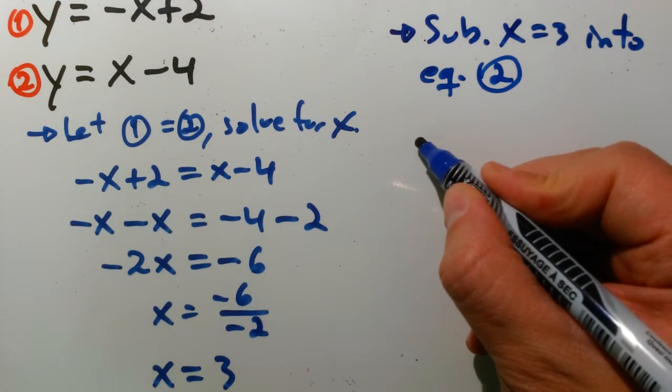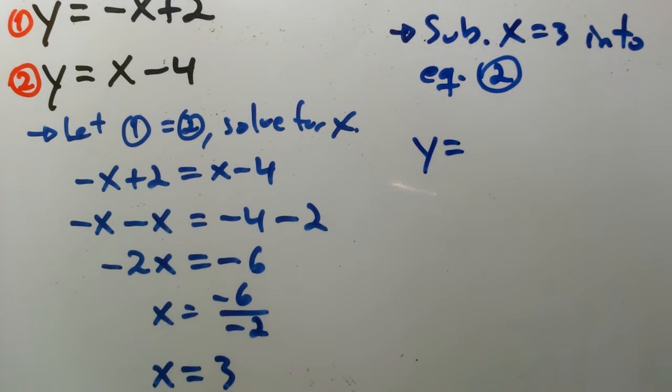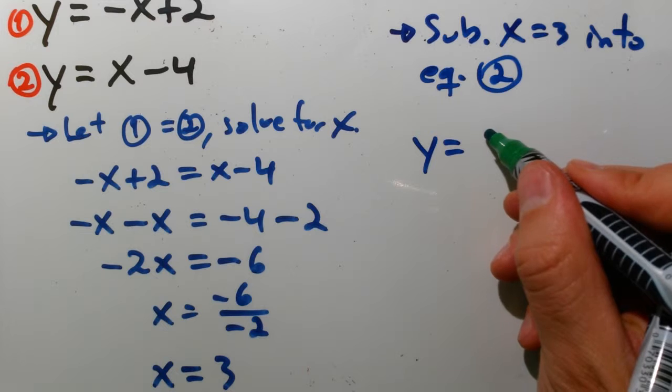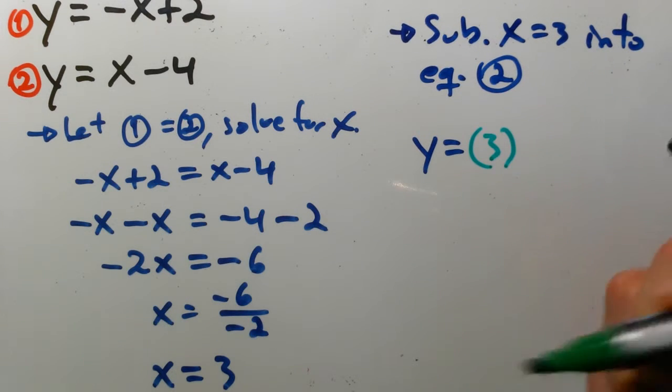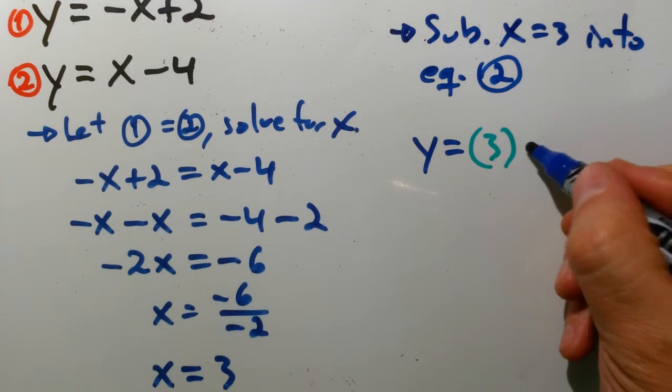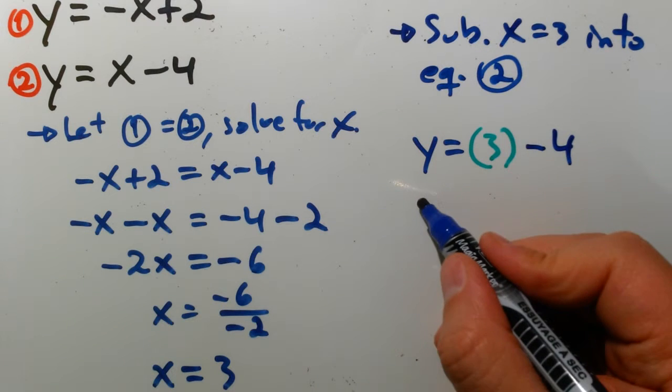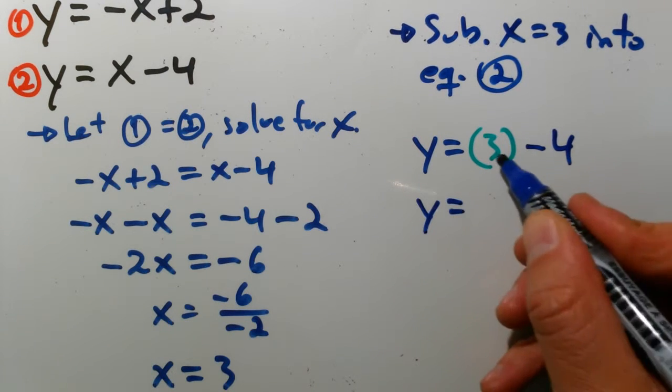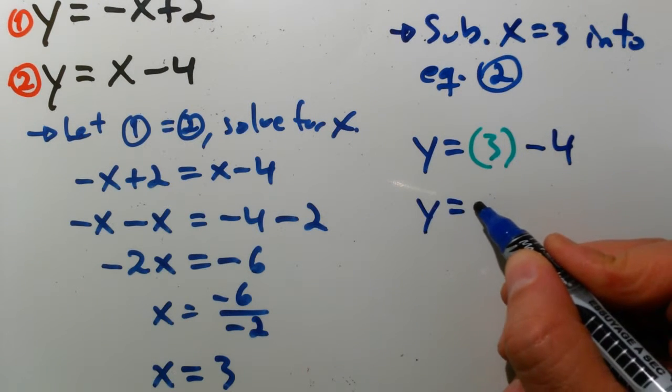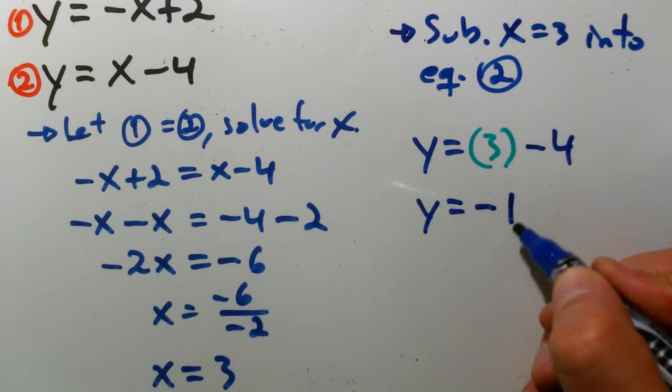Equation 2 happens to be y equals x minus 4, so we're going to have 3 instead of the x, minus 4, and 3 minus 4 gives us minus 1.